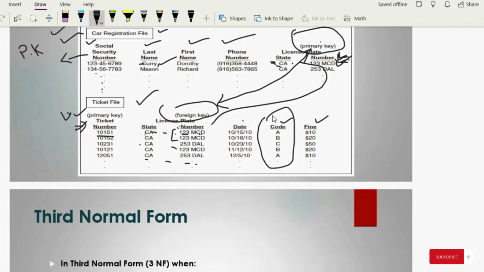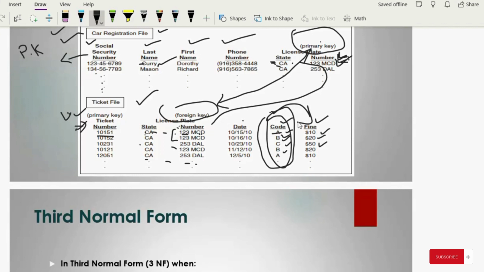You get a ticket because you cross the signal. So every code has a reason behind it, right? A could be a reason, B could be a reason, C could be a reason. A person who gets code A, of course pays a $10 fine. A person who got a code B ticket gets a $20 fine. C gets a $50 fine. So I have the code and also its explanation in the same table.